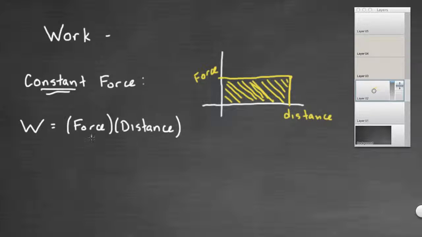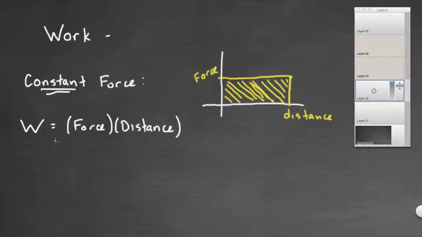There's an equivalent unit if your mass is in kilograms, the force is in newtons, and your distance is in meters, then you would have a newton meter, otherwise known as a joule.